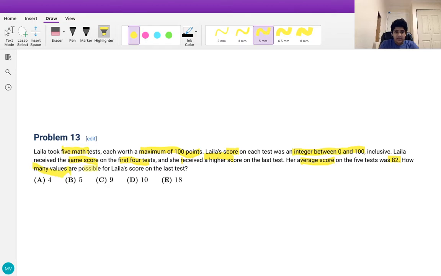For this, we can create a system of inequalities to determine the possible values of Lila's score. Let S be the lower score that she gets repeated 4 times, and then let L be the larger score.